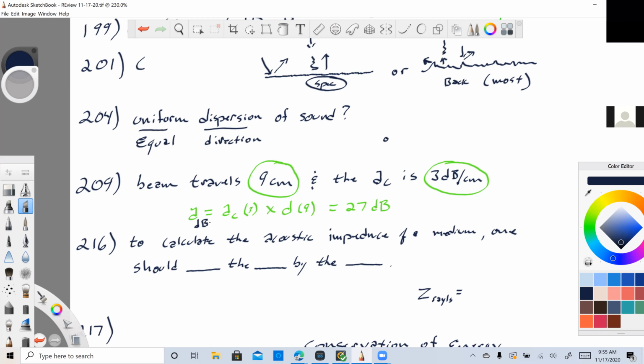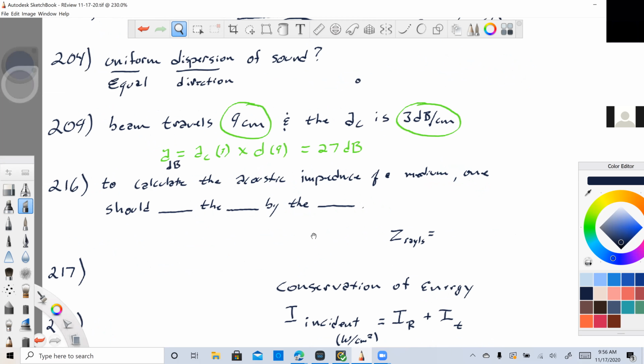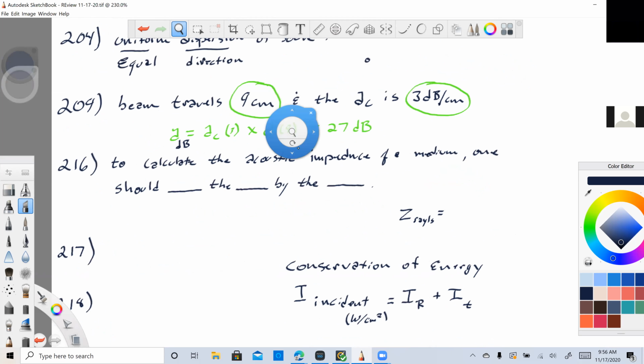216 is an example of a perhaps more, not necessarily difficult equation. It's just a simple linear equation.